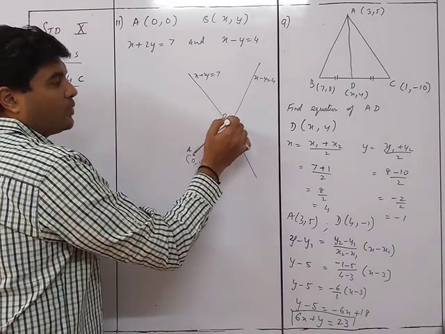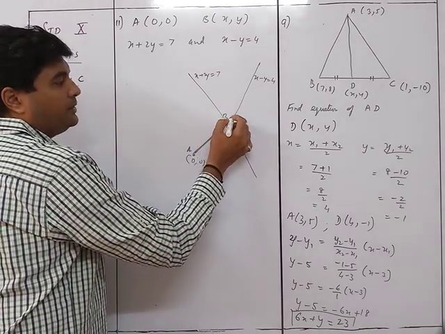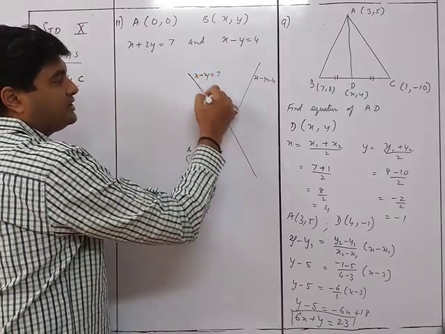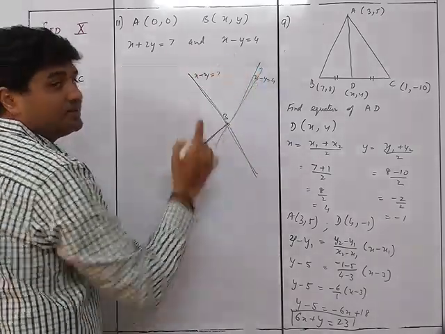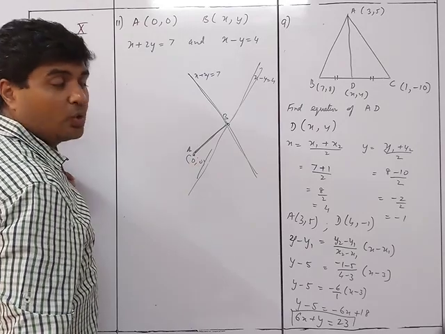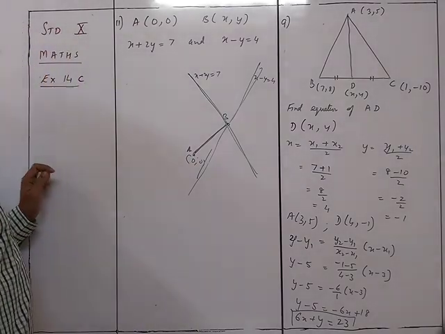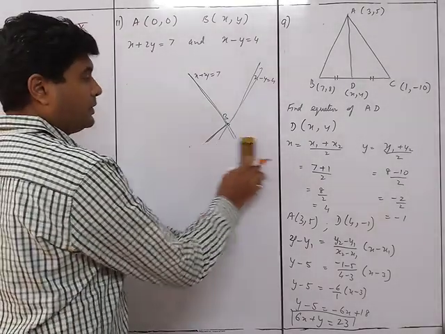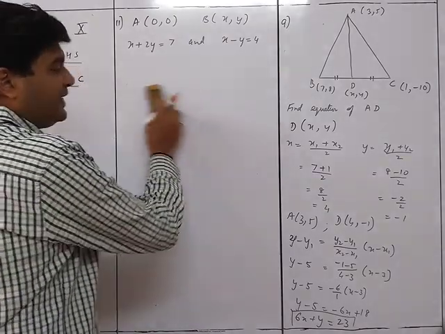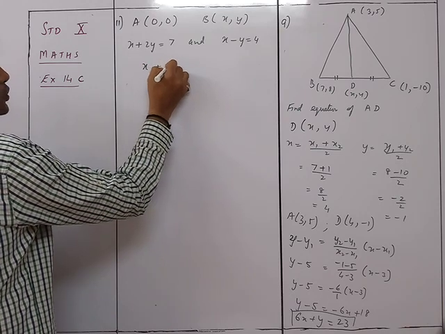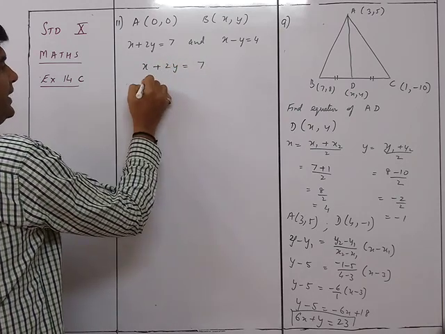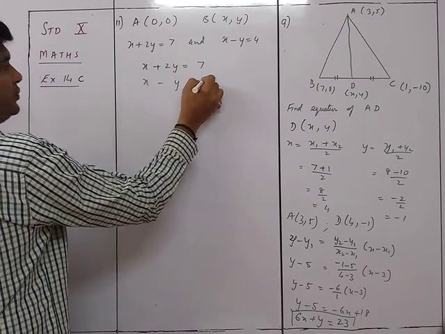So first of all, I will need to find the point B. Now point B is the intersection of this line and this line. Hence, I will solve these two equations simultaneously to get the values of x and y. So it is x plus 2y is equal to 7, x minus y is equal to 4.